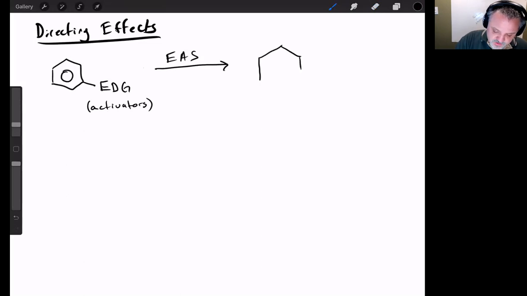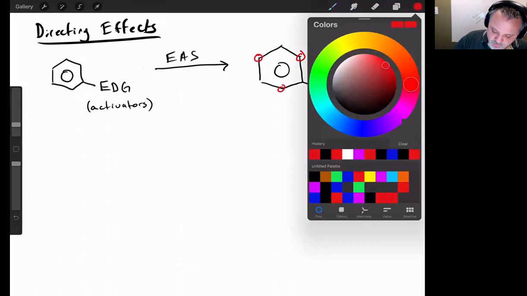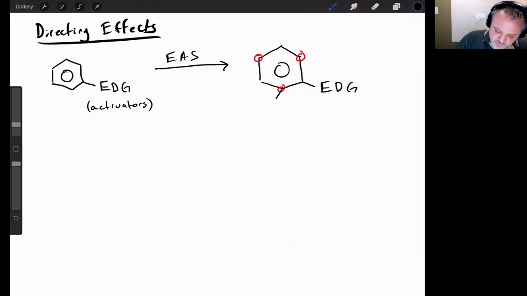And I just want to remind everybody that if it's an electron donating group, an activator, then what do we have? The directing effects are ortho and para. And so that means that if I'm going to put some groups on there, they'll either be at the ortho positions or at the para positions.